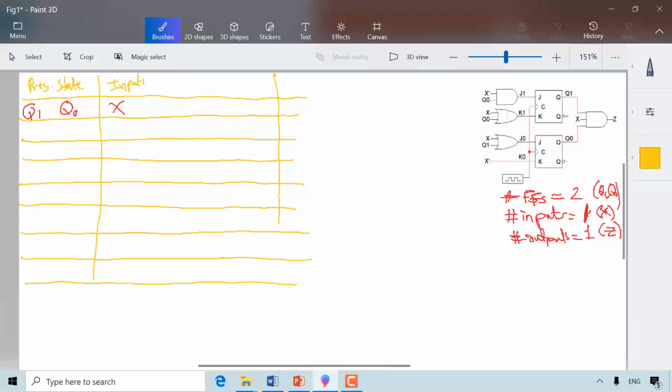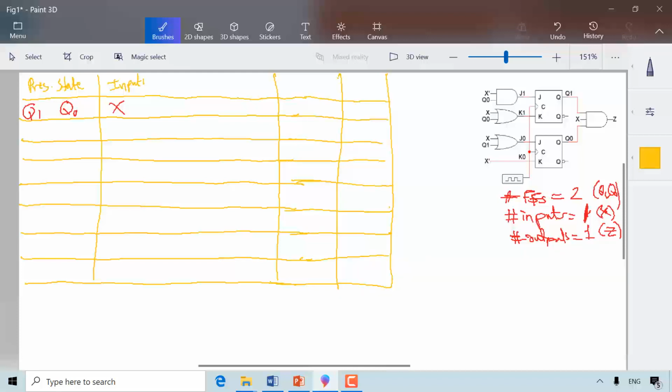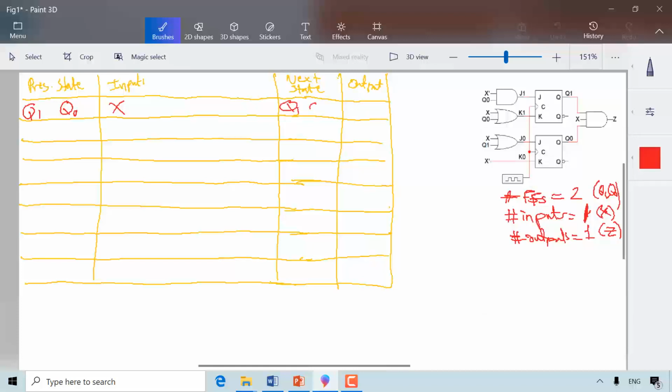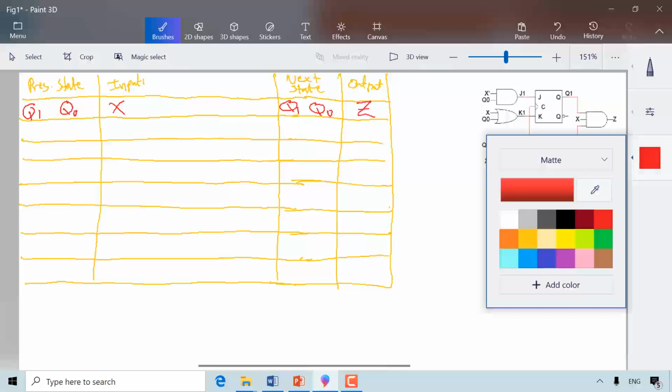So I'm going to give myself a little bit of space here. Okay, so this is next state and output. So the next state will be for what? It will be for Q1 and Q0 as well, and the output Z. Now, here we need one more line.